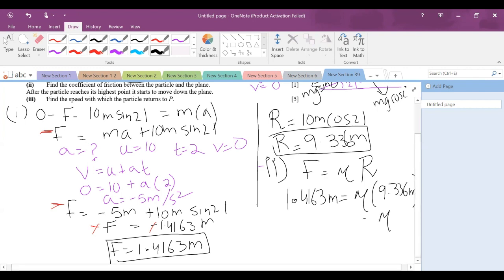So mu would be 1.4163 m divided by 9.336 m, which gives 0.1517.